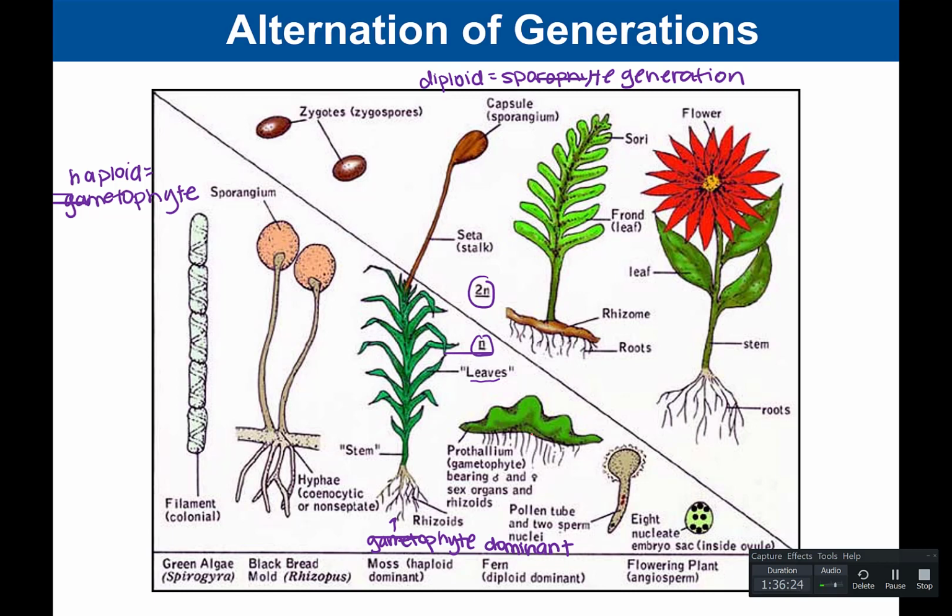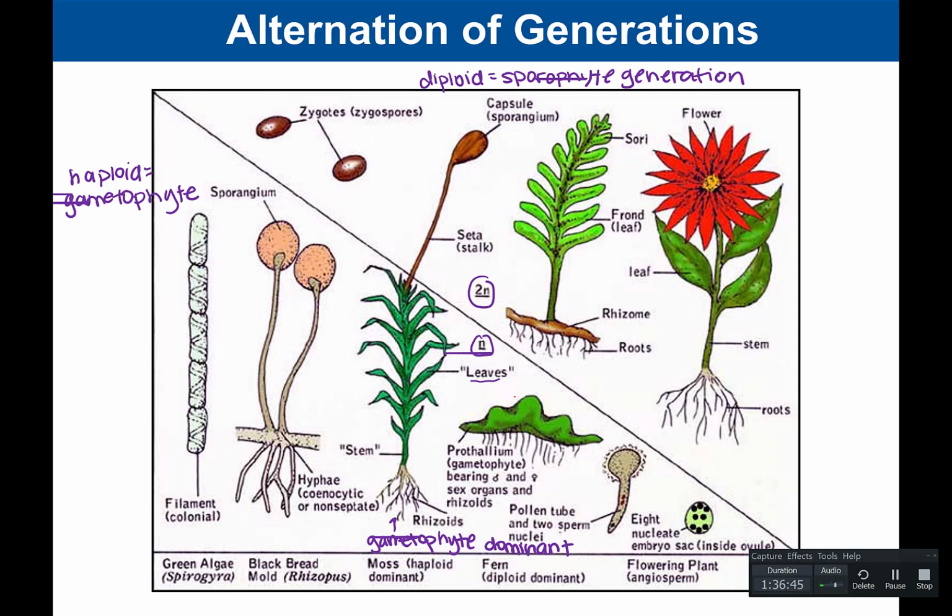It's a little heart-shaped structure. The prothallus is the gametophyte, but the bulk of the fern, the adult plant, is primarily sporophyte generation. If we look at flowering plants, the bulk of a flowering plant is going to be sporophyte.